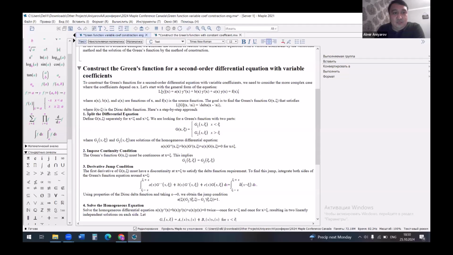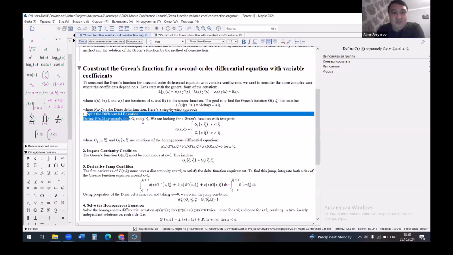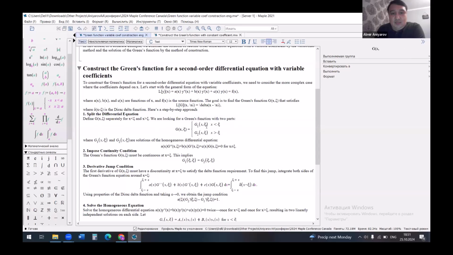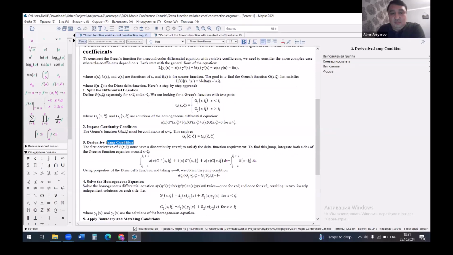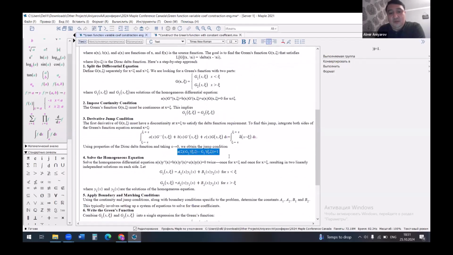Firstly, we split the differential equation into cases and impose continuity conditions. We also use the jump condition for the derivative. After that, we solve the homogeneous equations.